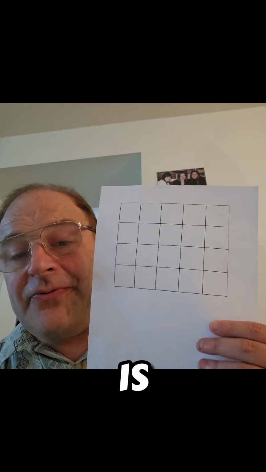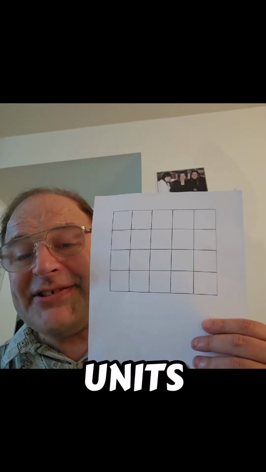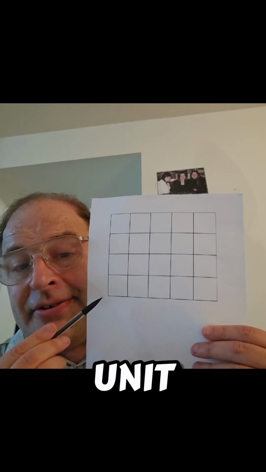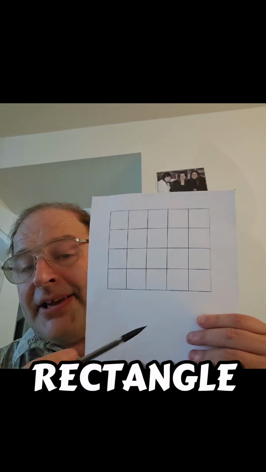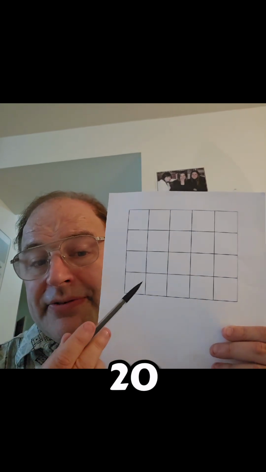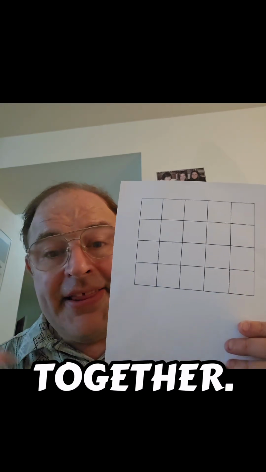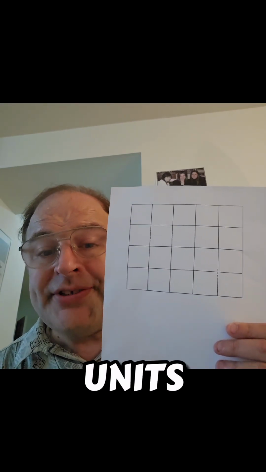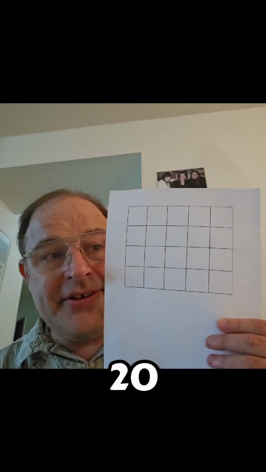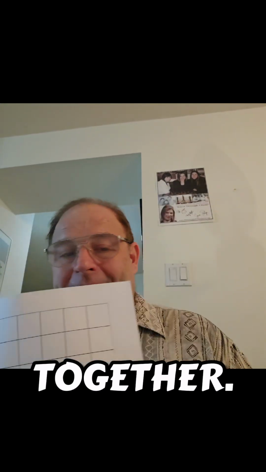This area is 20 units squared. If this square is a unit times a unit, the area of this big rectangle corresponds to 20 of these little squares added together. That's what we mean by 20 units squared. It means 20 of those squares put together.